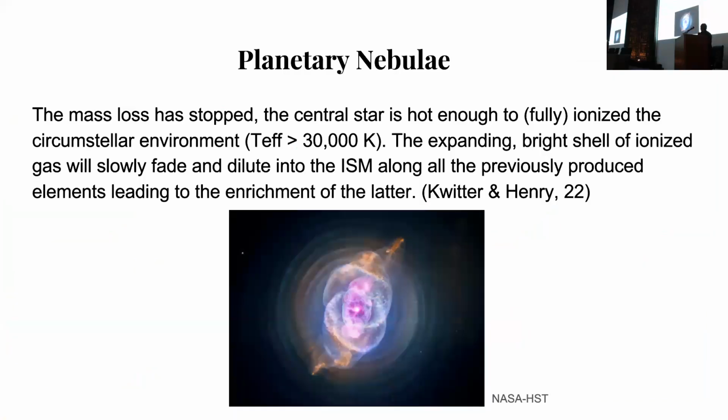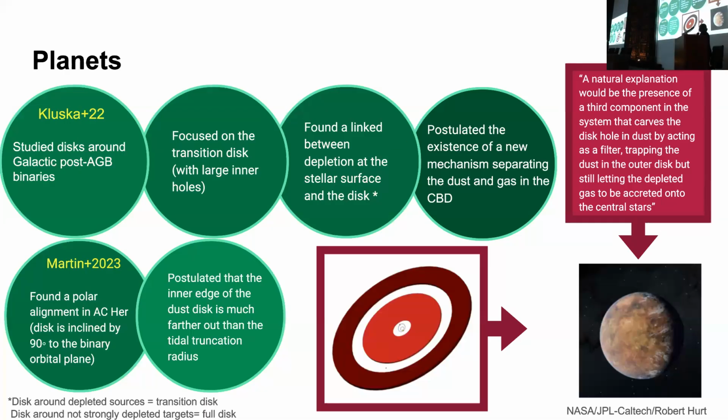The other work, which is even more recent, was Martin in 2023, where they studied the ACR, and what they found is that the binary orbit of ACR was at 90 degrees from its circumbinary disk. So it's a polar distribution, a polar alignment. And what they postulate is that there was the inner edge of the dust disk.